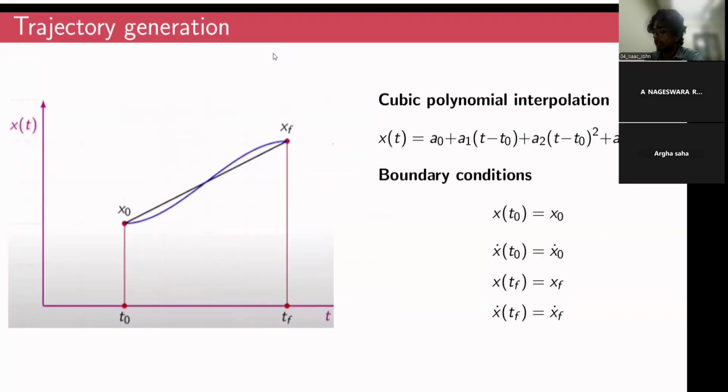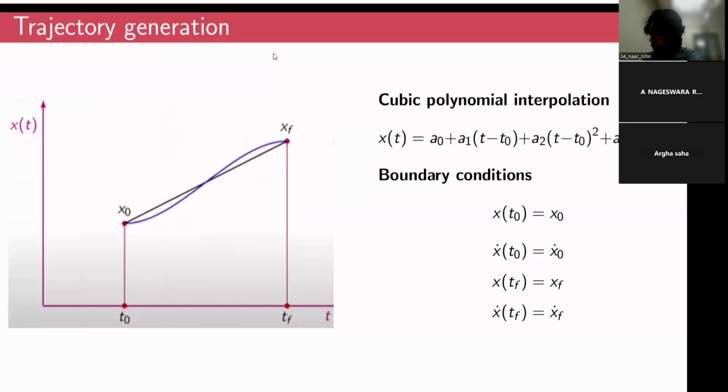Instead of interpolating a straight line between an initial position and a final position, we would be having a smooth third order curve, something like this, so that it will start from the zero position, and its velocity would increase gradually. It will stabilize at some point, and as it nears its final position, it gradually slows down.